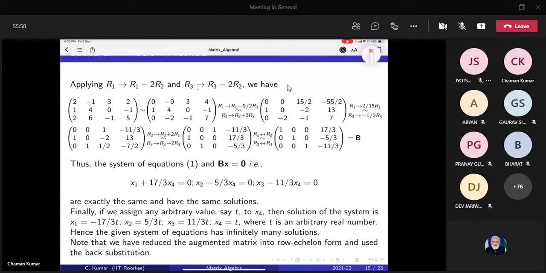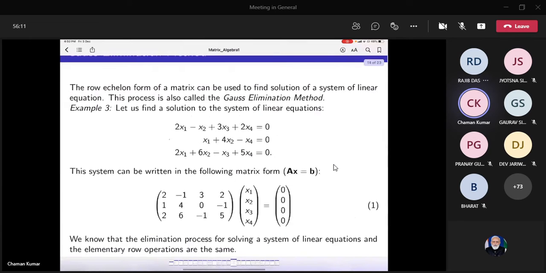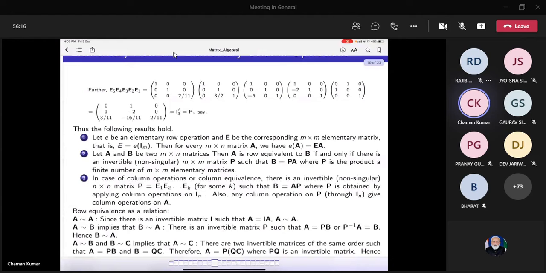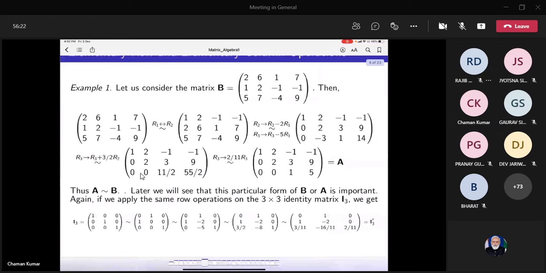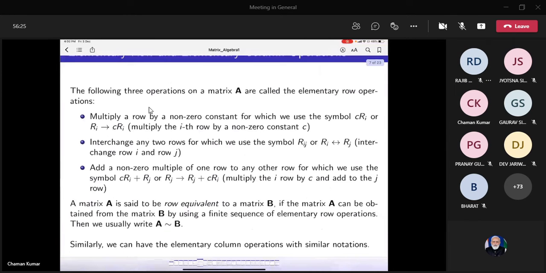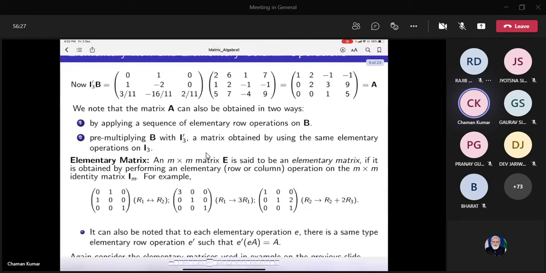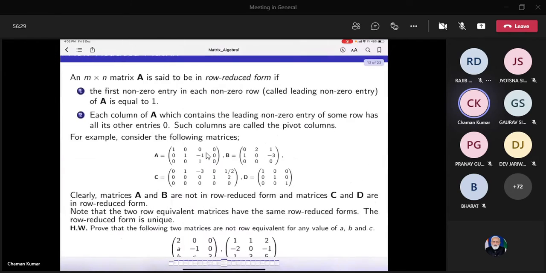Sir, I had a doubt from the previous class. Why is row reduced form unique but row echelon form is not? This is basically when you start making more and more zeros. Let me show you.